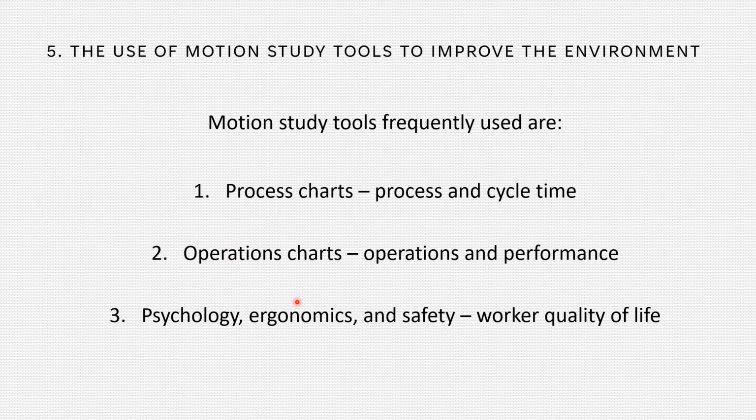The motion study tools that we use frequently in a lean environment are number 1, process charts, number 2, operation charts, and number 3 is all this, for the employees: worker quality of life, psychology, ergonomics, and safety. This is like common sense, it's always there, but we usually don't even realize it exists. In a school environment, you will always see this.